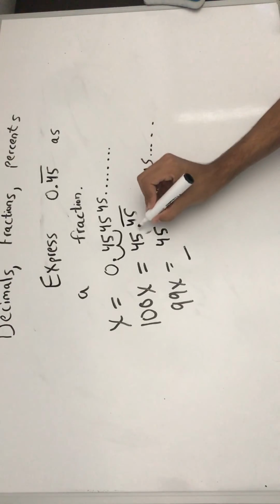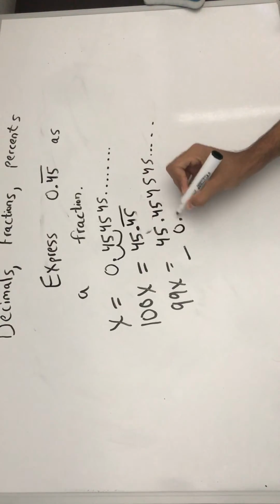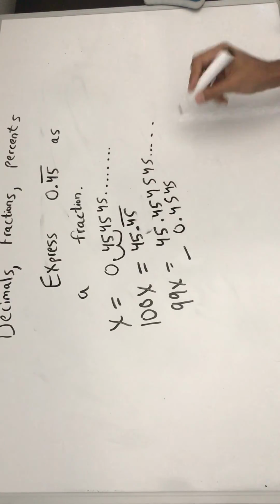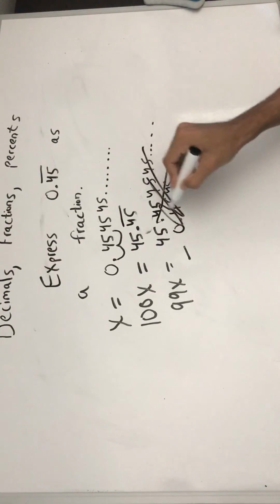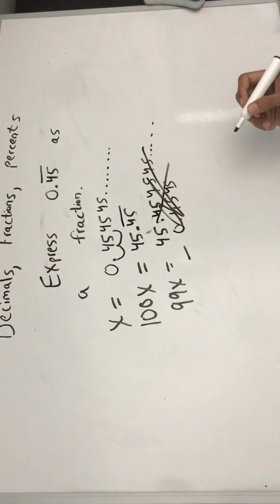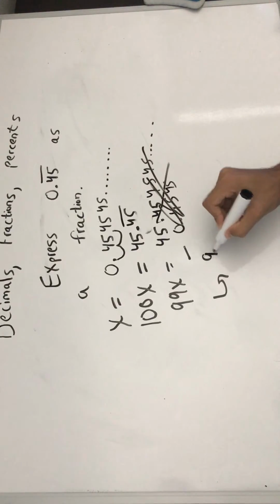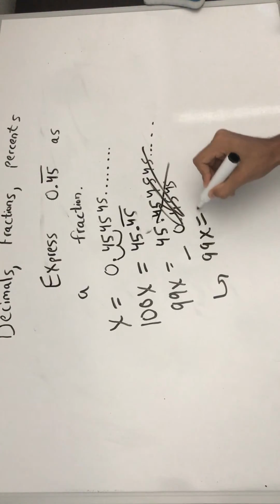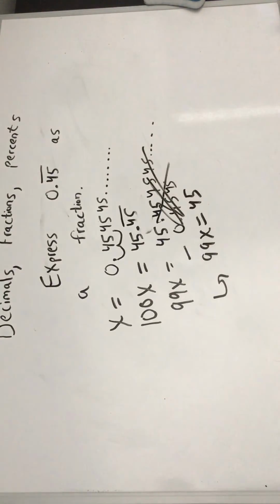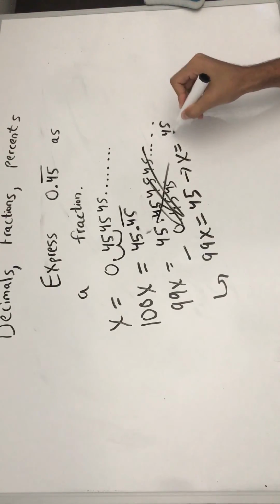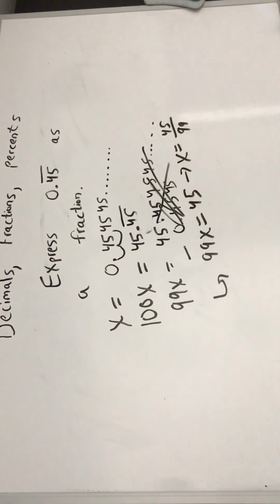Minus, and then we have 0.45 from the x, and so you see that all of the 4545s are going to cancel out. What we're left with is 45. So this means that 99x is equal to 45. Therefore x is equal to 45 over 99.